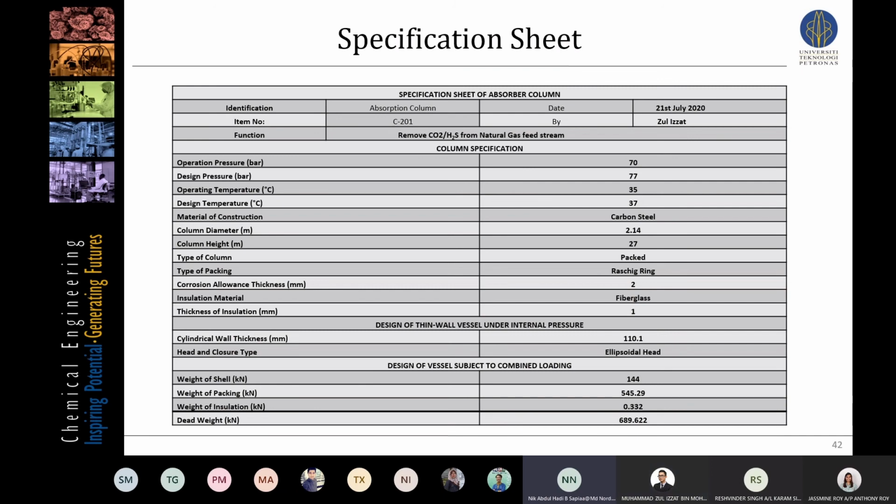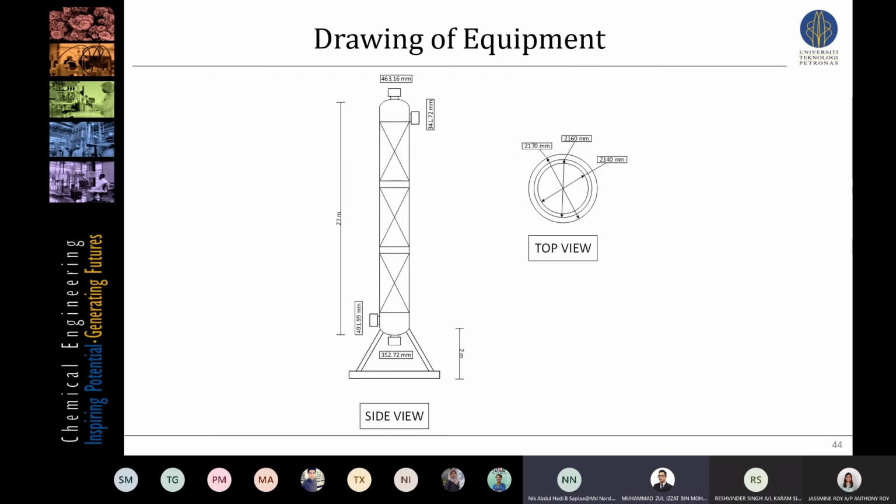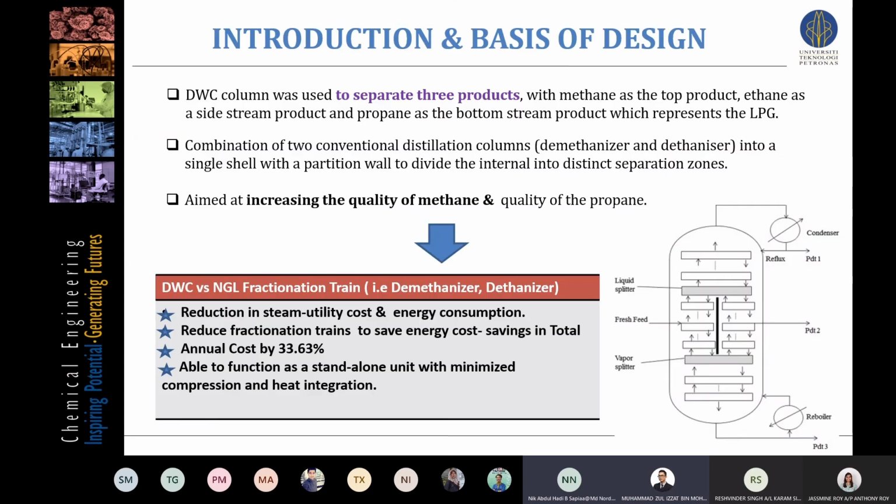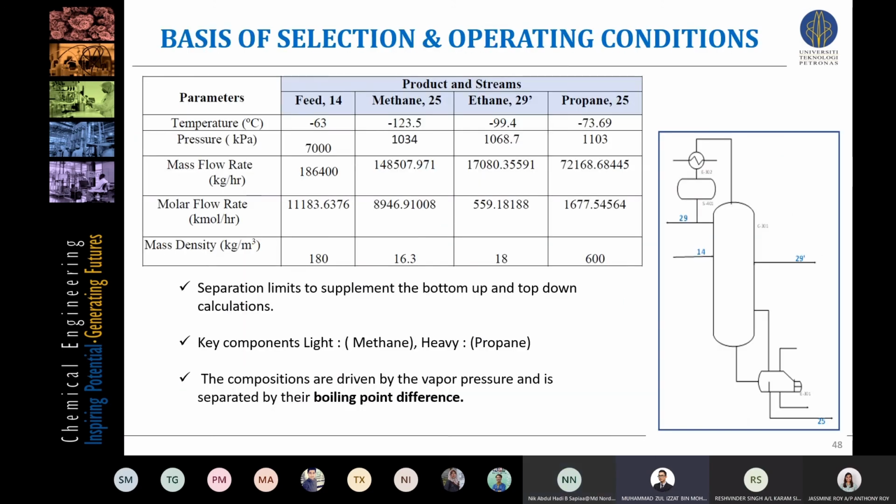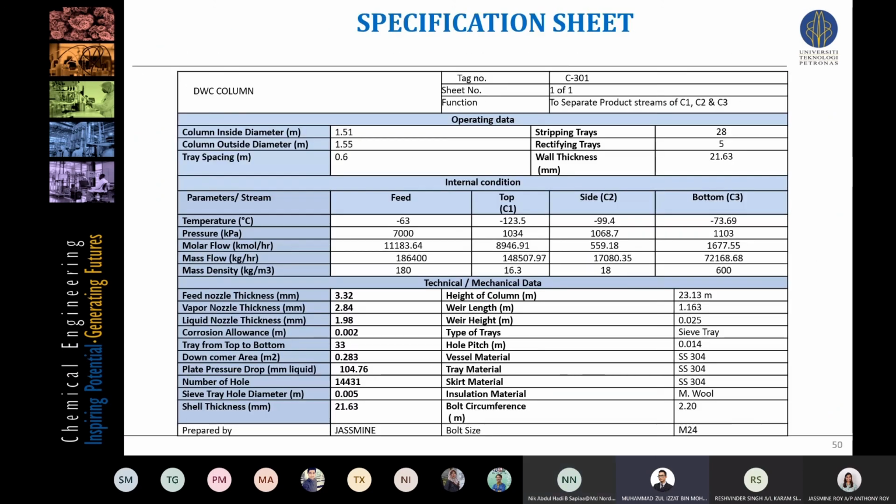Let's move on to the next one. Do we still have time? The next one is the divided wall column, slide 50.